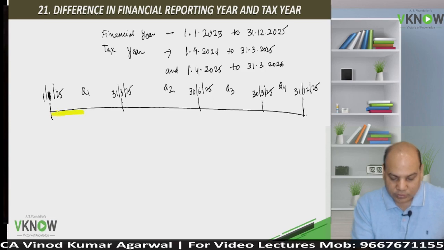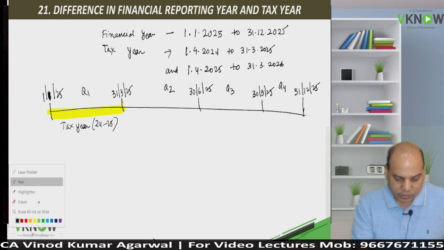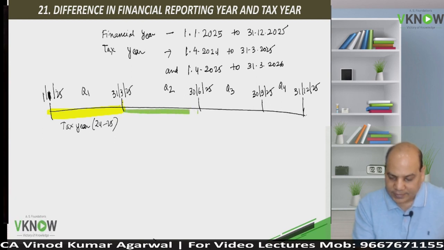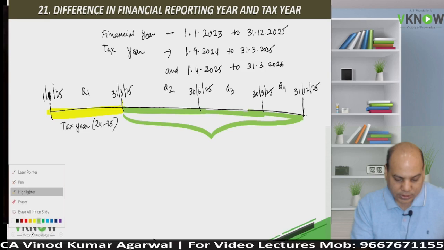This portion, 1st January to 31st March, will fall in the tax year what we call 24-25, and the other 3 quarters will fall in the second tax year.